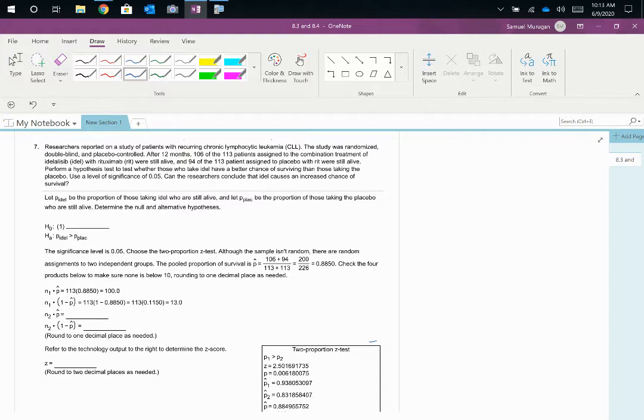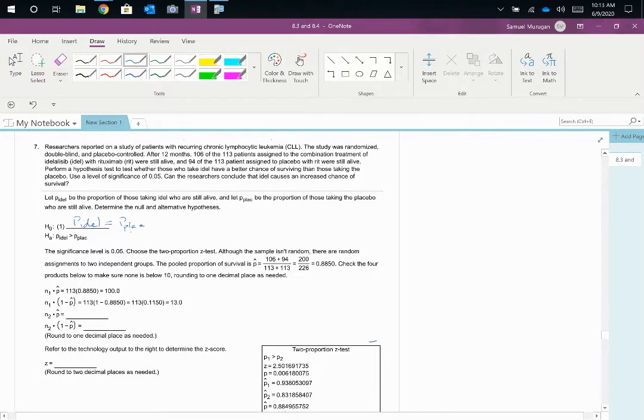So the first part will be the null hypothesis. The null hypothesis always has an equal sign, right? So in this case, P IDEL must be equal to P placebo for the null hypothesis.